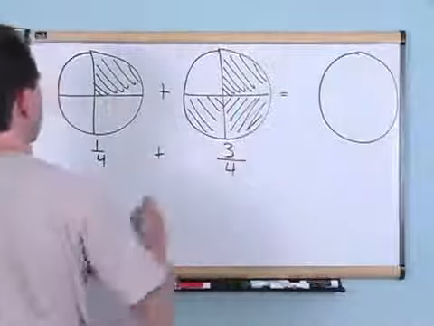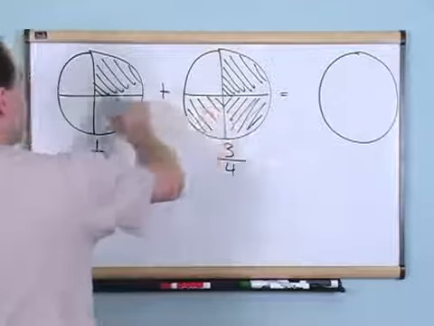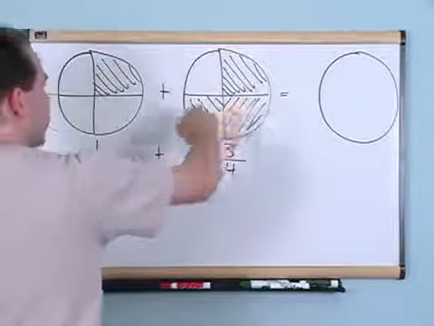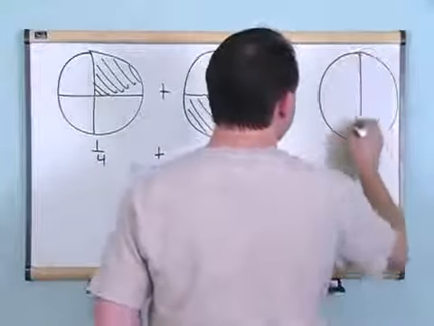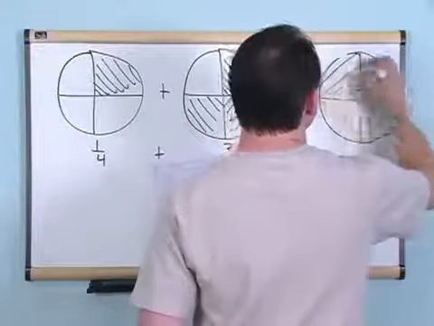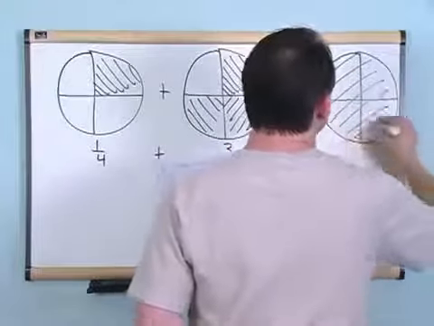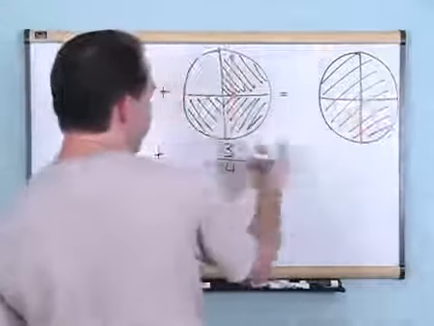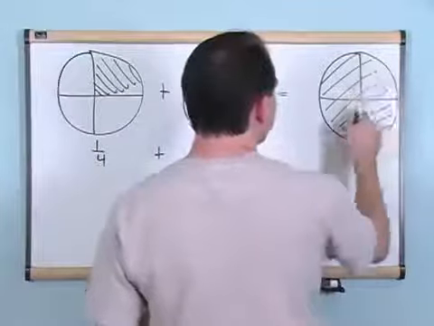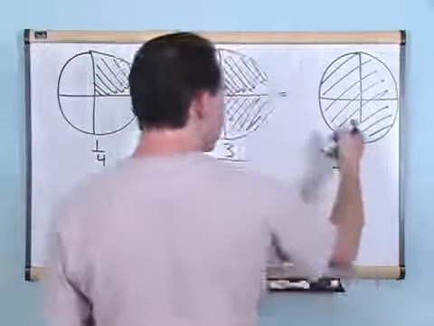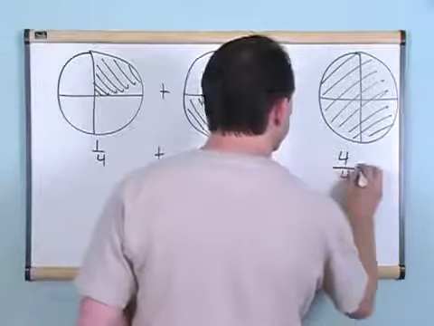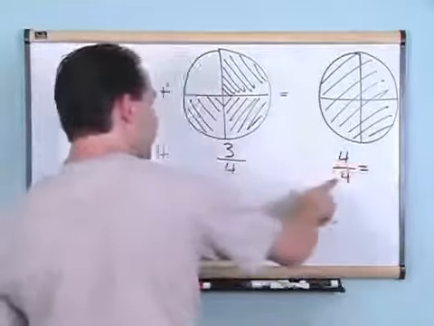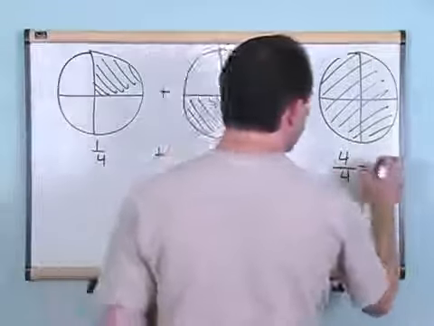Well, here's 3 pieces, and if I add this piece in here, then basically the whole pie is going to be eaten, right? The entire pie is eaten because here's my 3 pieces, here's the 4th piece, so all the pieces are there if I add them together. So it's 4 pieces out of a total of 4 pieces, and 4 divided by 4 is just going to give you 1.